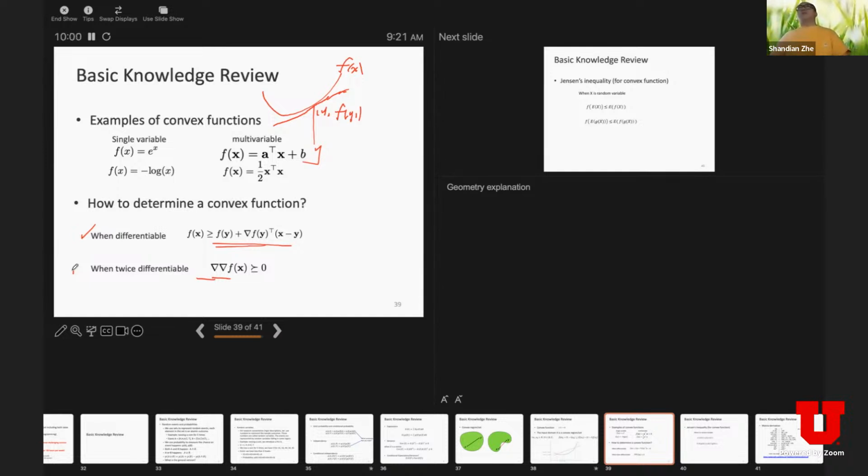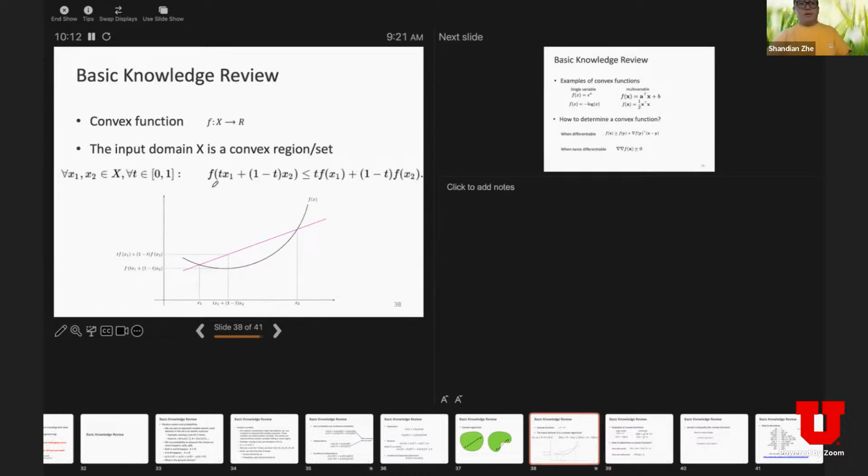If it is satisfied, then it's a convex function. And if you're interested to know how we can derive the definition of convex function from this inequality, you can check it online, or find it in any convex optimization book. It's very fundamental, so I will leave it as an exercise for you, if you're interested.